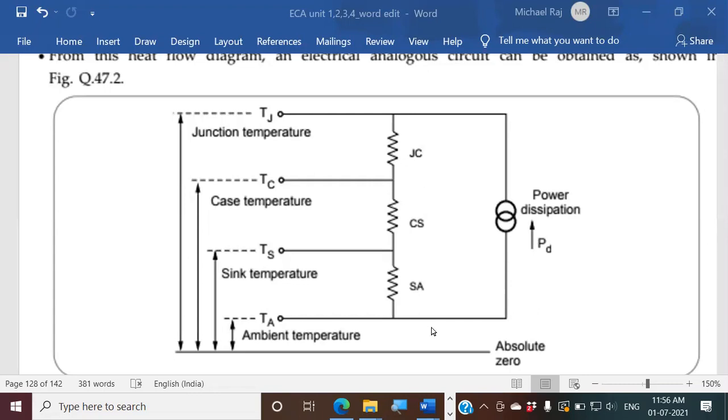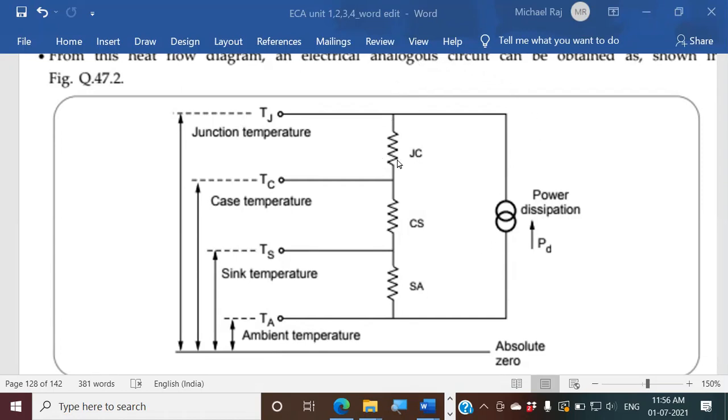No. Okay, so from where to where is the heat traveling? Sorry, it is traveling from the junction to the ambient. So the power dissipation we are showing like this.